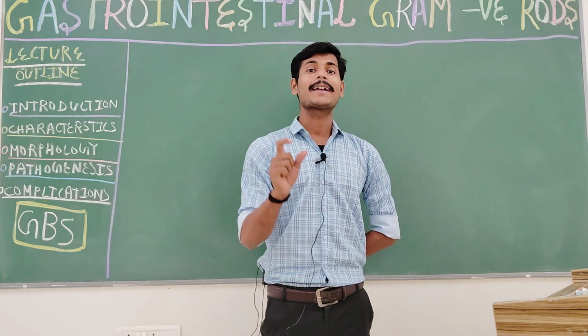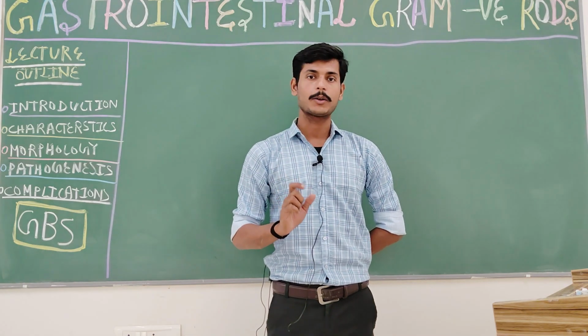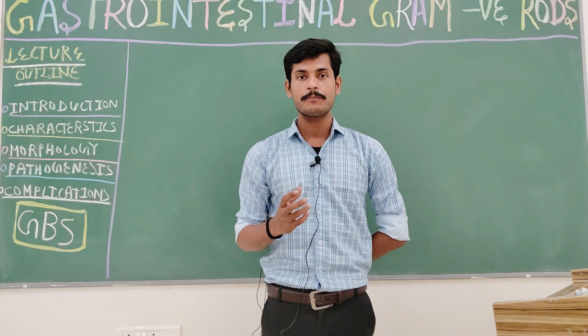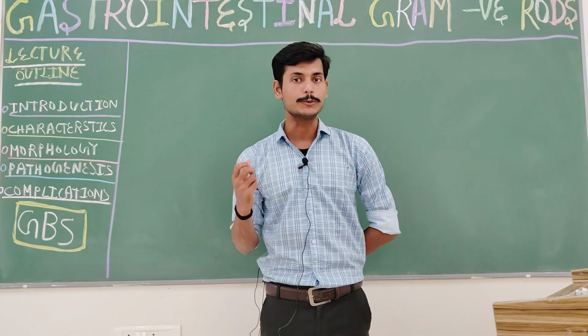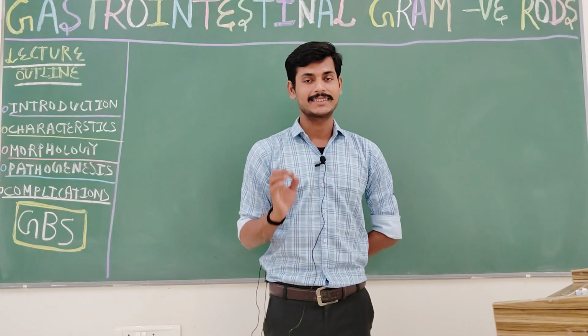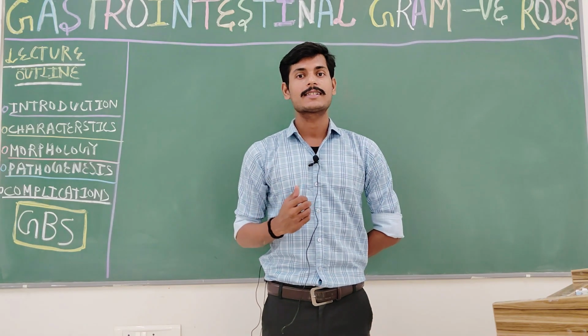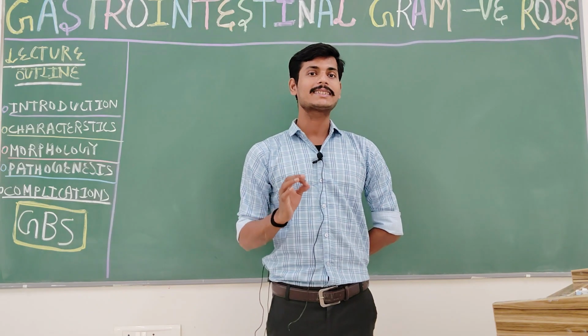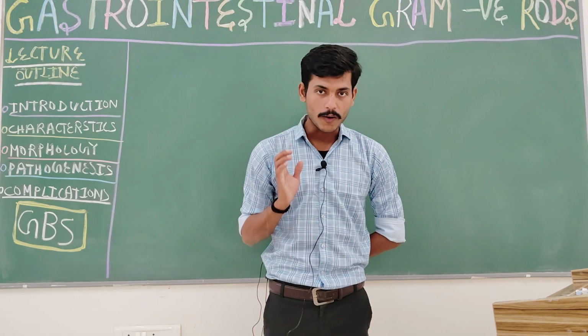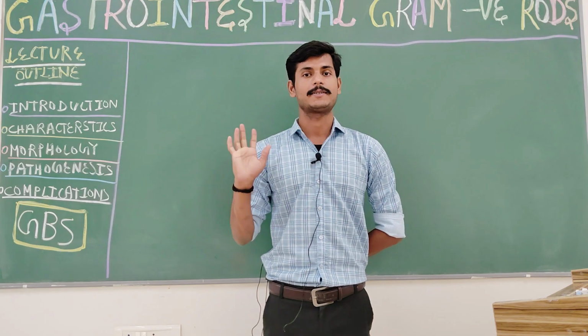Apart from that, it's microaerophilic, and commonly we acquire this bacterium through contaminated food. So it also causes gastritis, also called food poisoning. One of the significant bacterial species which causes food poisoning is Campylobacter.